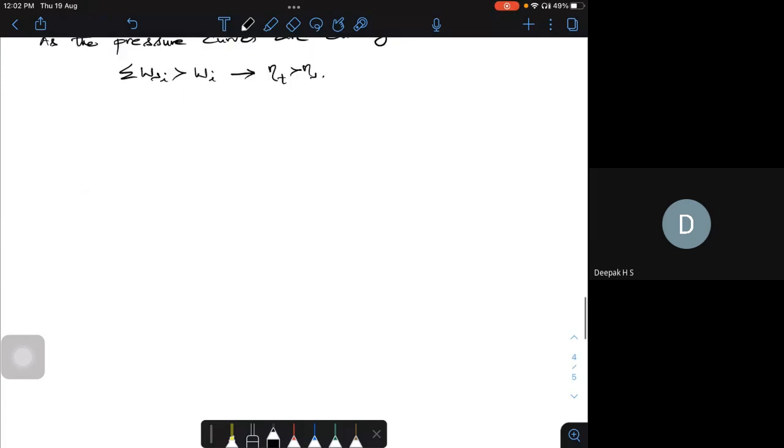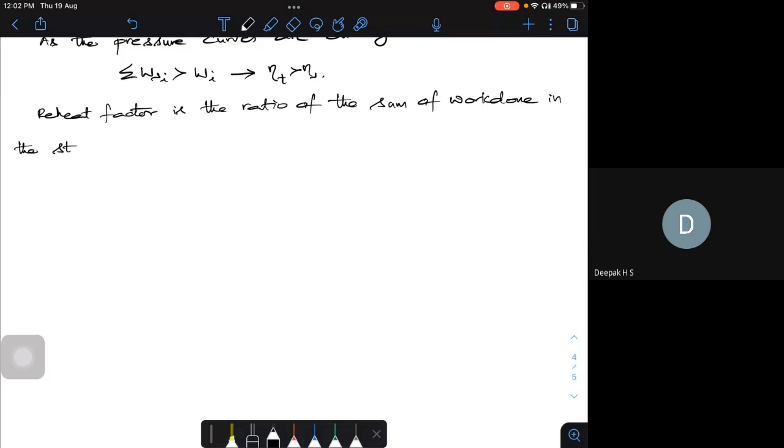So let's try to write the definition of it. The reheat factor is the ratio of the sum of work done in the stages of the turbine to the work done in a single stage of the turbine.